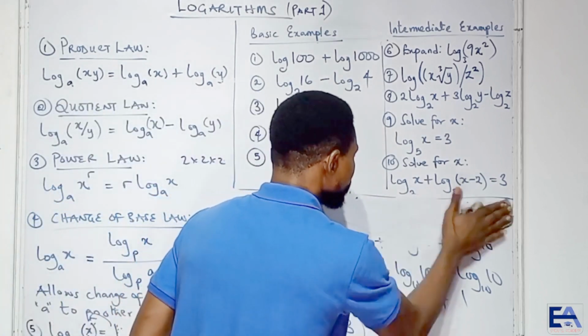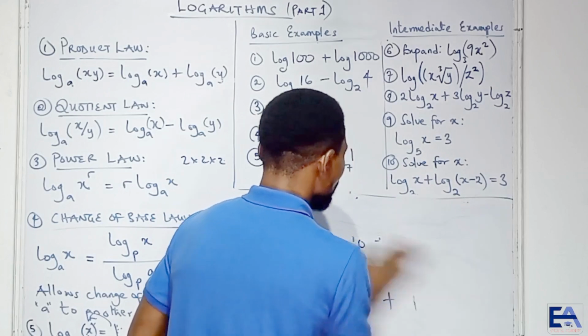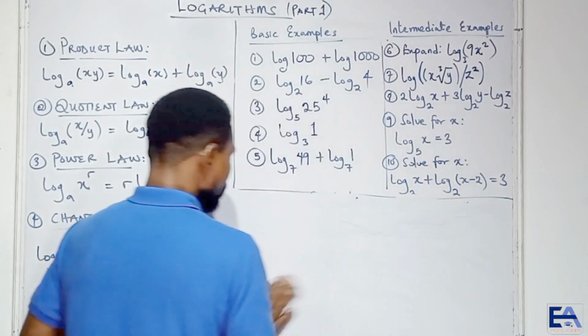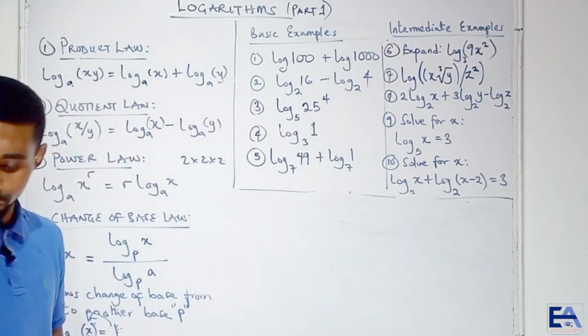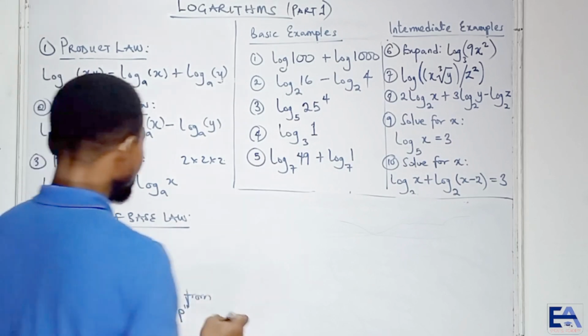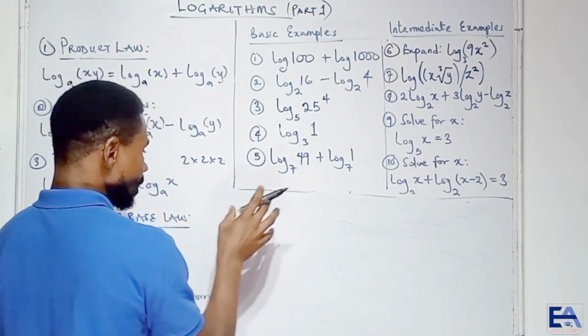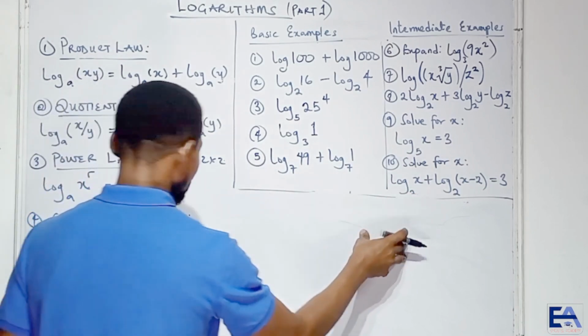The quotient law implies that when we have two numbers dividing, and you have to take the logarithm of that scenario, it is going to be the logarithm to the same base, but subtracting each other.